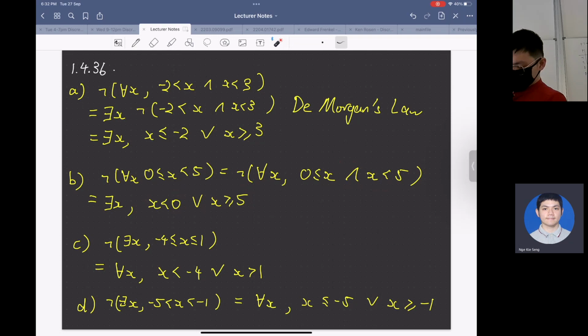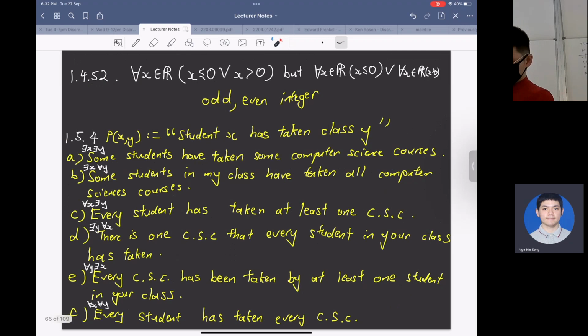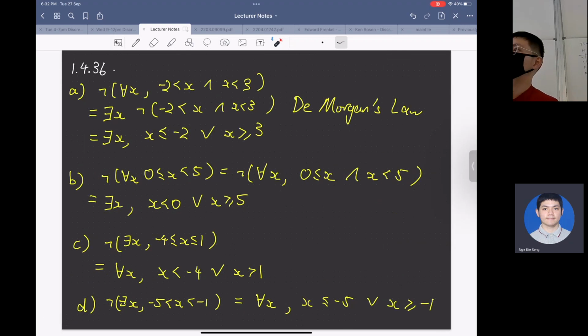And similarly, there exists becomes for every, and then and becomes or. For every x is less than or equal to -5, or greater or equal to -1. Any question for this part here?